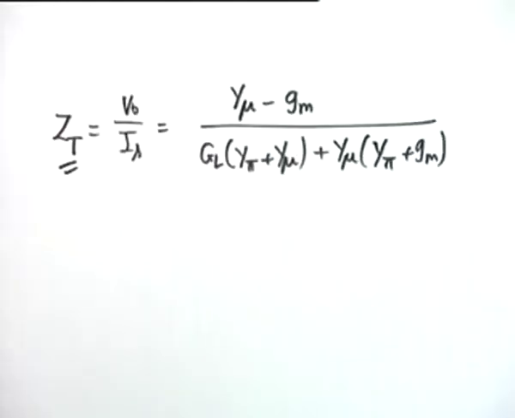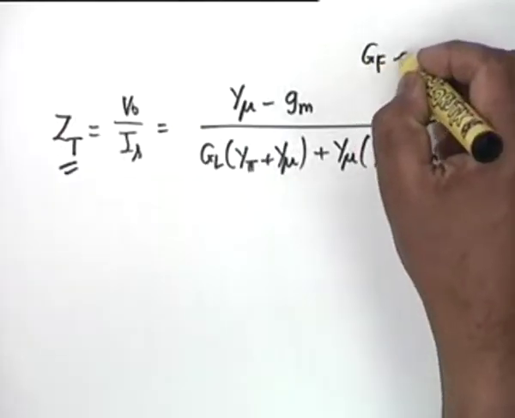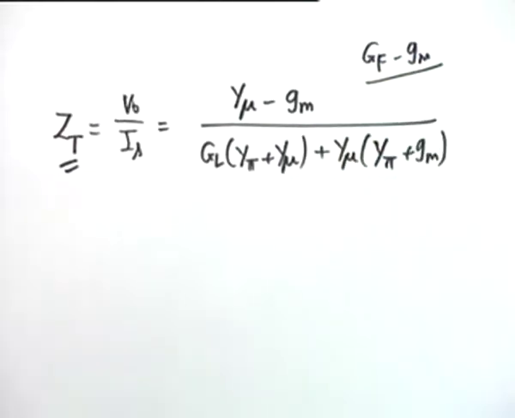is S C mu plus GF, okay, obviously the numerator is a polynomial in S. What degree? First order, first degree polynomial, and therefore the transfer function ZT will have a 0. Where? On the negative real axis or positive real axis? It depends on GF minus GM.